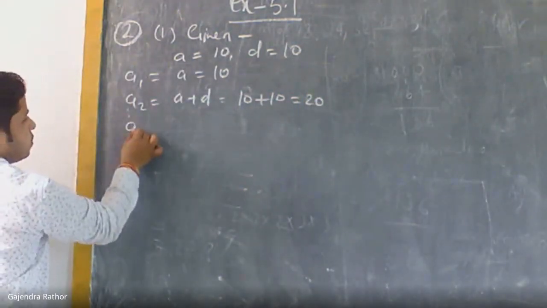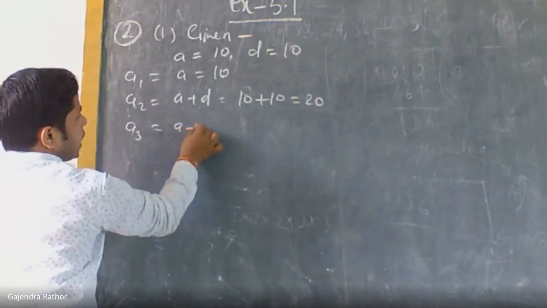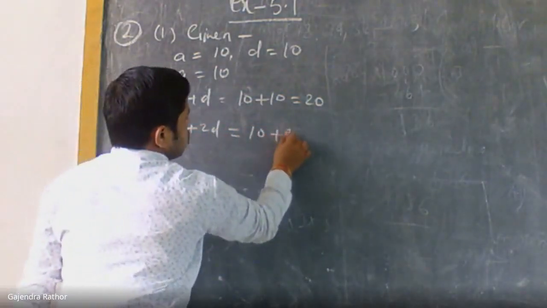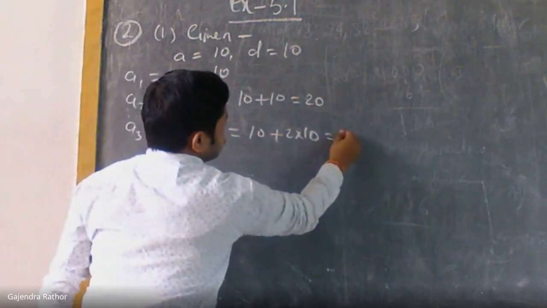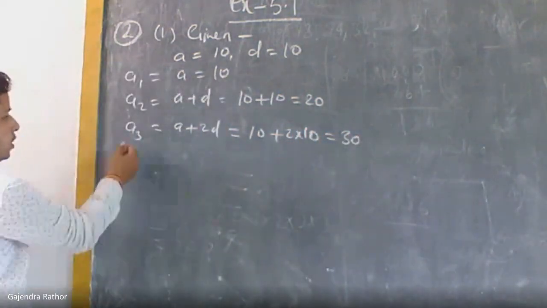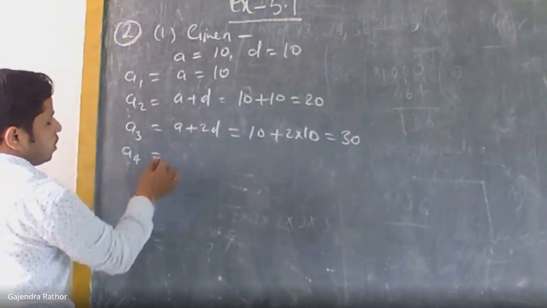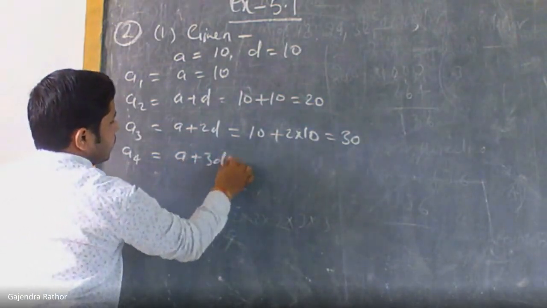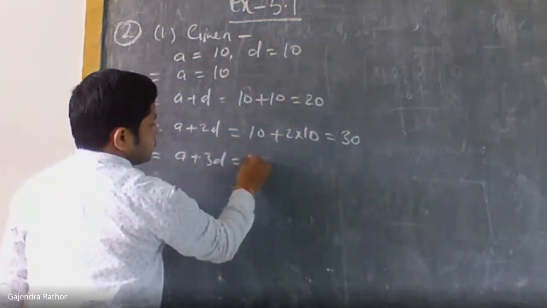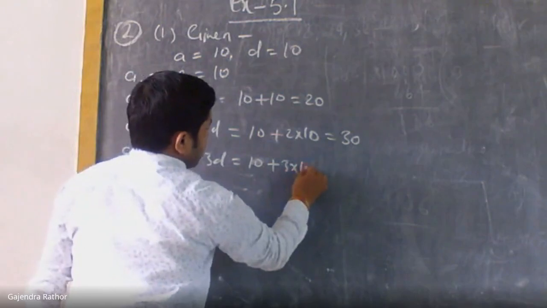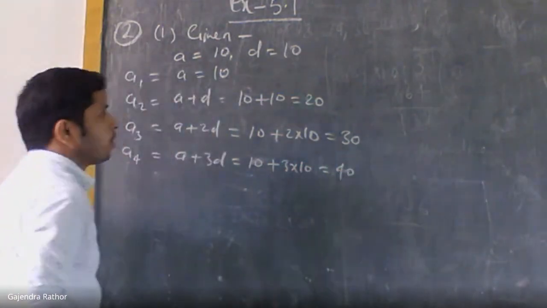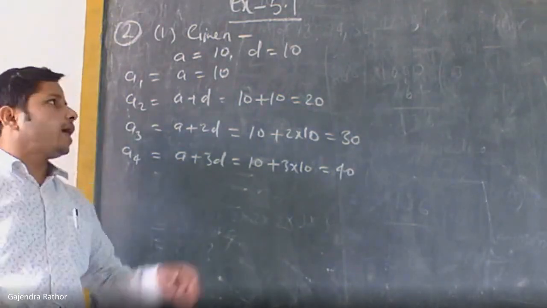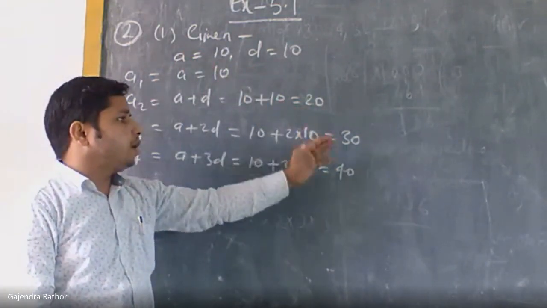The next is a3, equal to a plus 2d, so 10 plus 2 multiplied by 10 is equal to 30. The next is a4, equal to a plus 3d, which is 10 plus 3 into 10, equal to 40. So the four terms of the AP are 10, 20, 30 and 40.